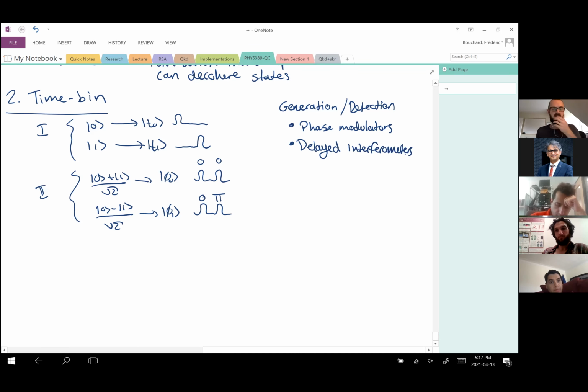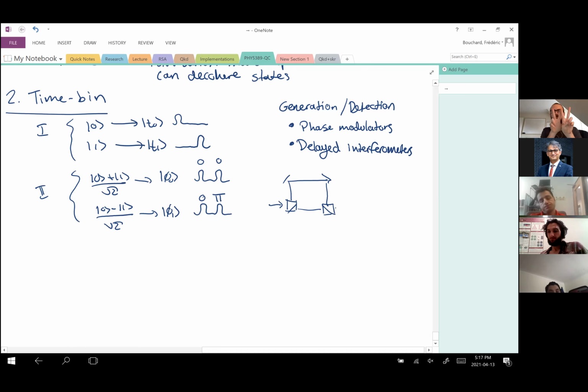Because when Bob gets a time bin state, the question is how do you measure the relative phase between two time bins? The easiest way to do this is by using something called a delayed interferometer, where you split your photons into two paths. So you have time bins, you split them, you shift them because you have a delayed interferometer, and then you look at the event where they interfere, and that gives you their relative phase.